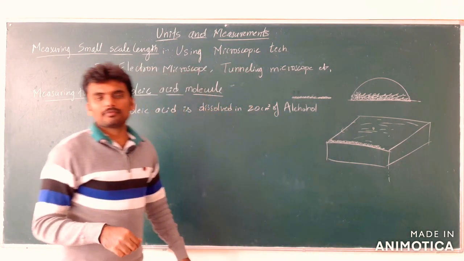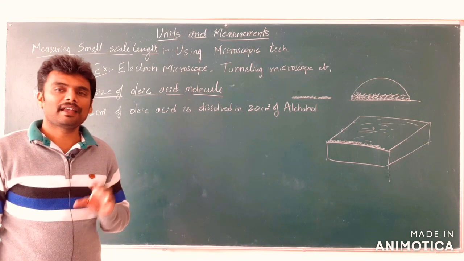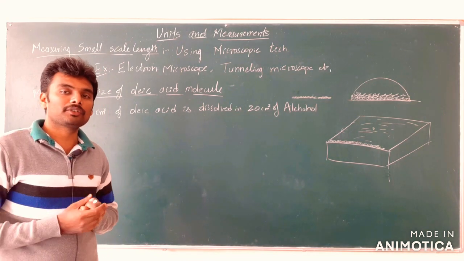So 1 centimeter cube of oleic acid dissolved in 20 centimeter cube of alcohol.